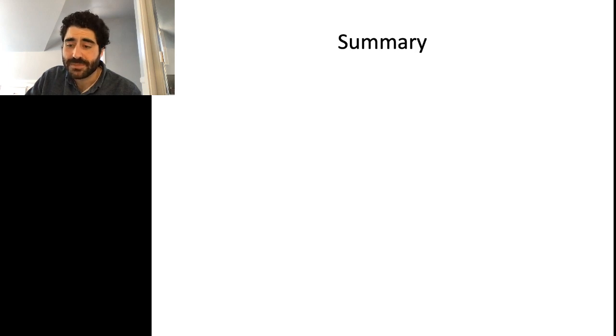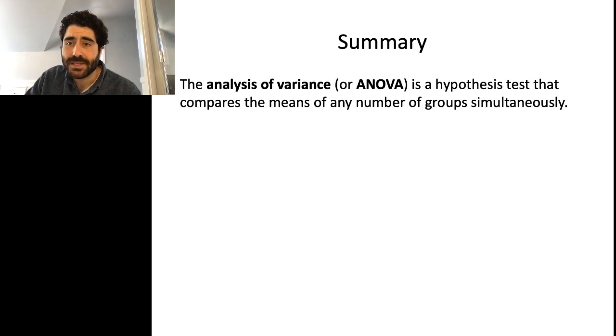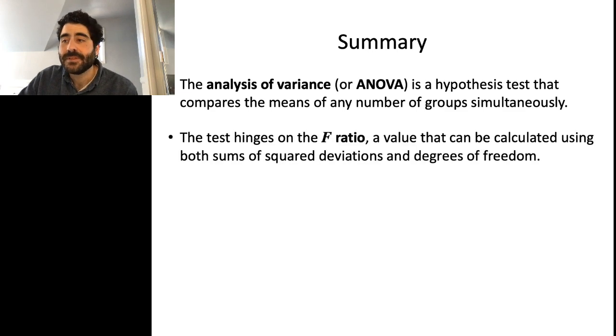Okay, so to sum up, this ANOVA, this analysis of variance test, lets us compare the means of more than two groups. We do this by computing this F ratio in our sample, which tells us something about how much variability there is across groups versus within groups. And we can compare that F ratio to a null distribution.